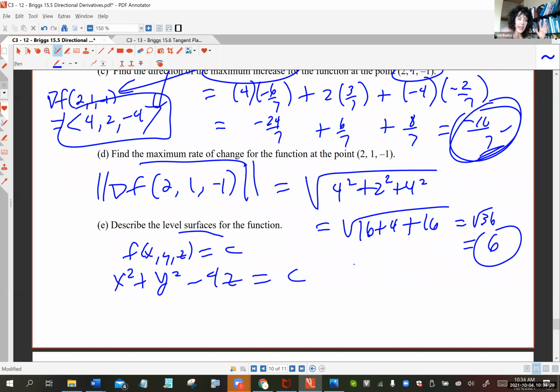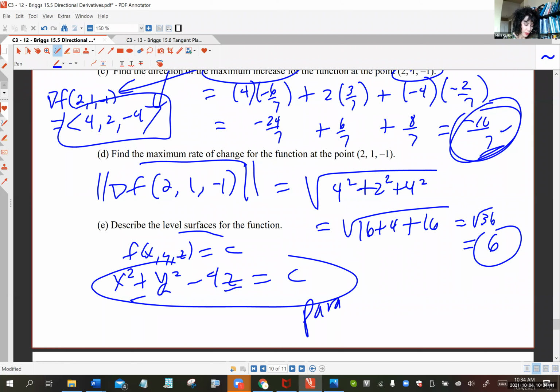If you look in that section way back when we were discussing quadric surfaces, when one of your variables is not getting squared and the other 2 are, you'll have paraboloids. What's a paraboloid? It kind of looks like a 3D version of a parabola. It would look something like this. There's a paraboloid. Cute. And we're done with that problem.